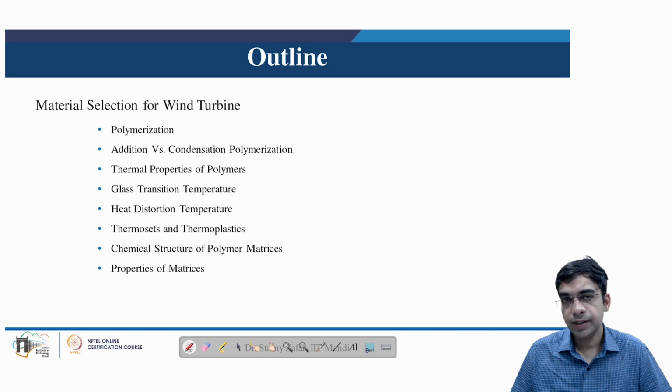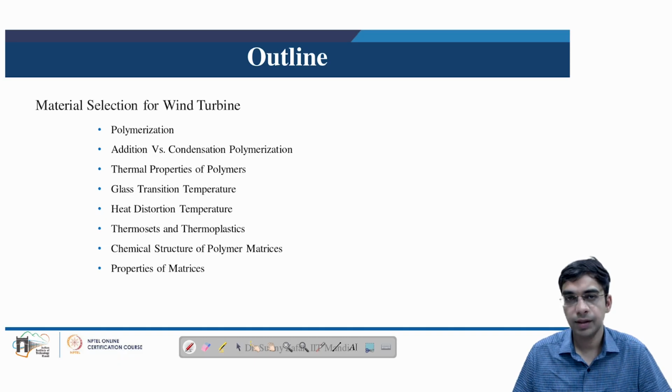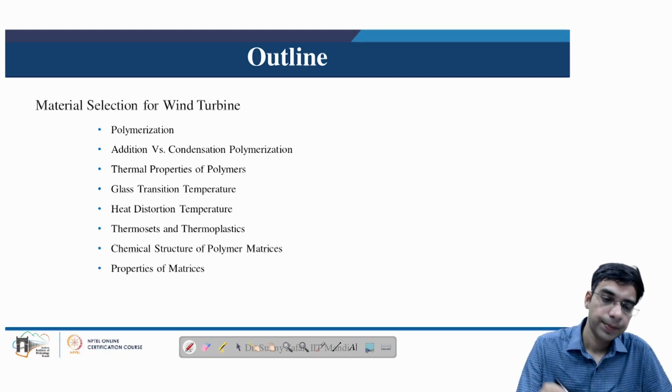We will also look at a comparison of how thermosets and thermoplastics behave towards temperature, and we will understand the chemical structure of polymer matrices and how this chemical structure influences the properties of the matrices.